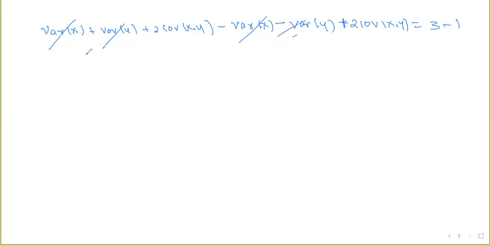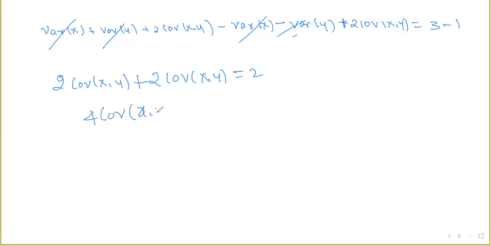Now what do we have? 2 times covariance of x comma y plus 2 times covariance of x comma y, that is total 4 times covariance of x comma y equals 2.